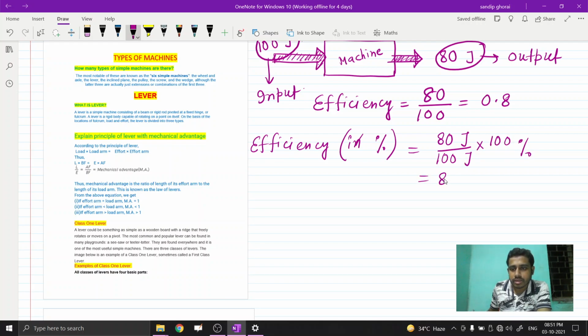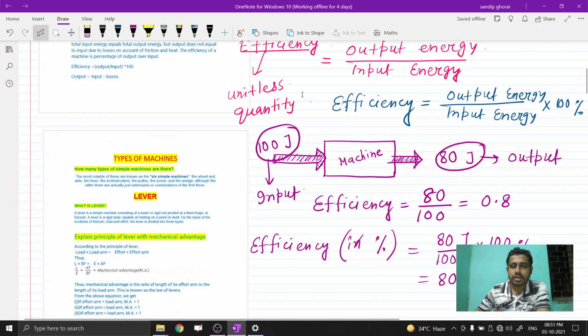So we can say 80 percentage. So from this type of problem, we can easily find the efficiency of this machine, and we have found how efficiency is calculated from this figure.